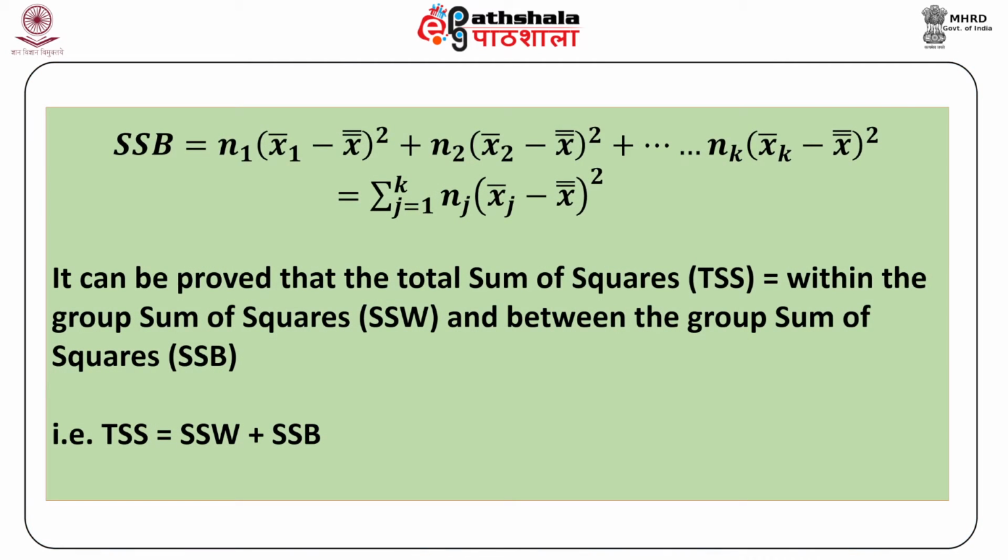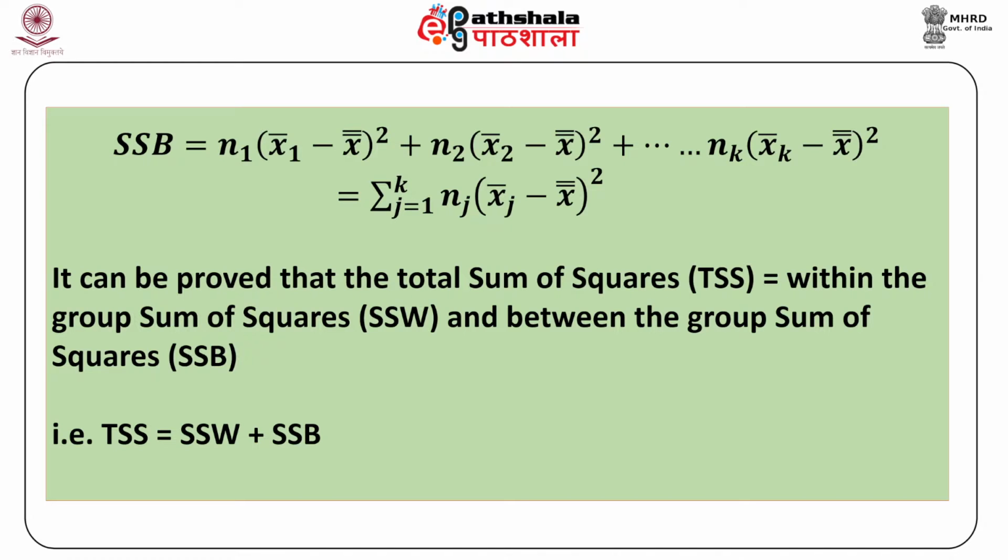But therefore mathematically we may define SSB as equal to n1 into x1 bar minus x double bar square plus n2 into x2 bar minus x double bar square, so on up to nk into xk bar minus x double bar square. This can be summarized as equal to the summation of nj into xj bar minus x double bar square, where j varies from 1 to k.